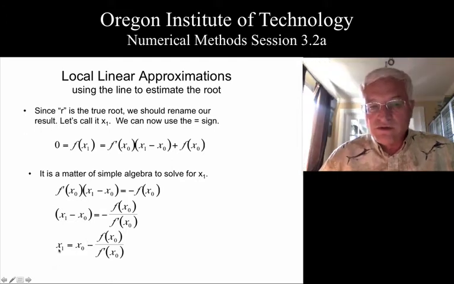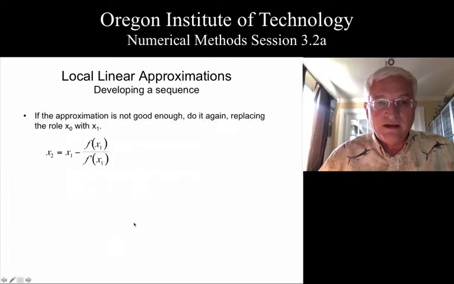This is almost certainly a better approximation than I had with x0 to begin with. And you might say, well, now that I know x1, why didn't I just pretend that was x0 and plug it into that formula itself? And I think that's really a good idea. So we'll do that. We'll use the exact same formula, plug in x1 everywhere we had an x0 before, and call the new result x2.